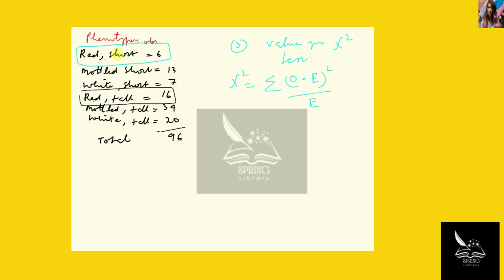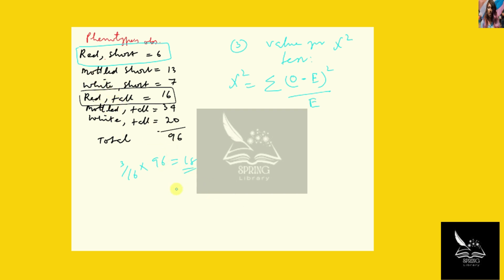So these ones represent the observed phenotypes, and we can work out the expected phenotypes like we did in the previous question regarding red and tall, whose expected ratio was 3/16, and times 96, it came out to be 18. So we will calculate their expected ratios and expected number for each category.